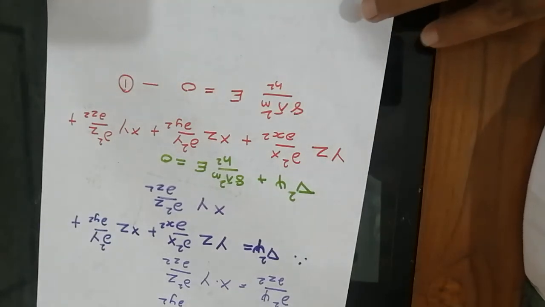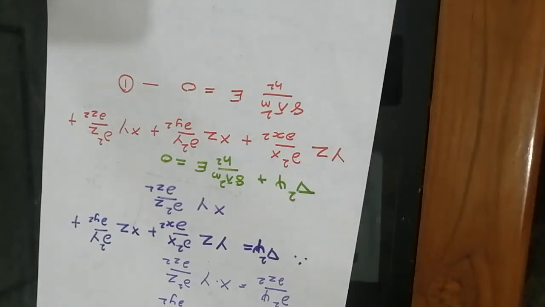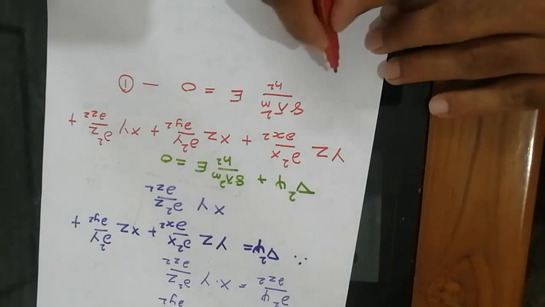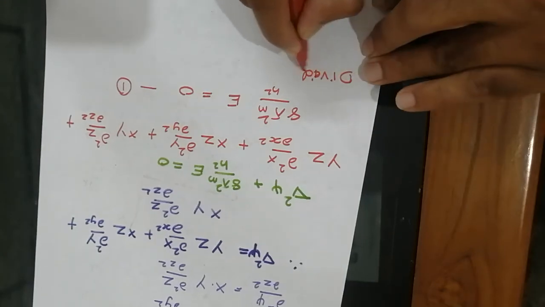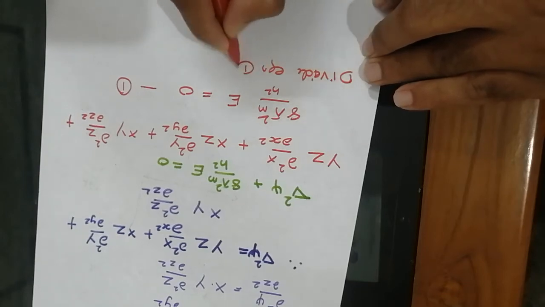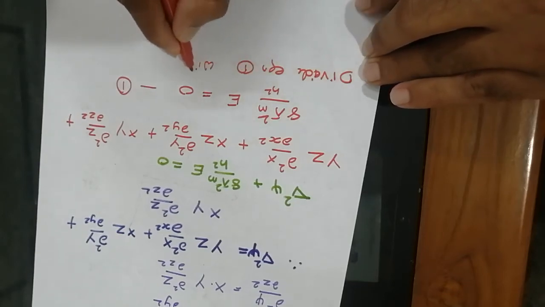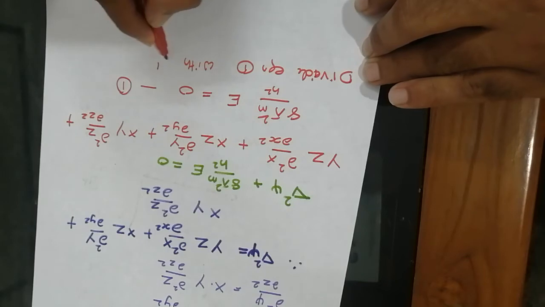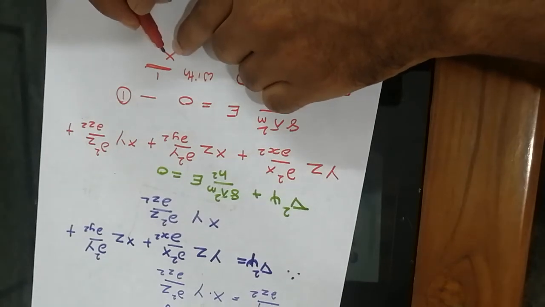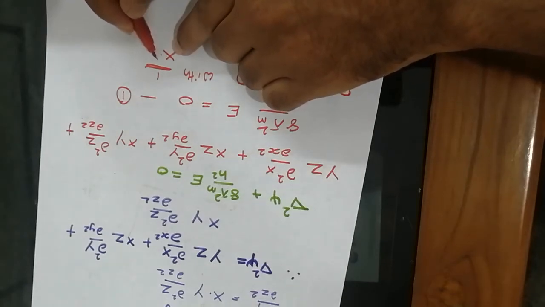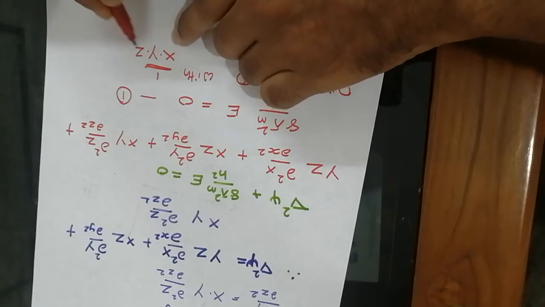Now, let us divide equation 1 by capital XYZ. What is X? The wave function along the x component. Y and Z are all capital letters.